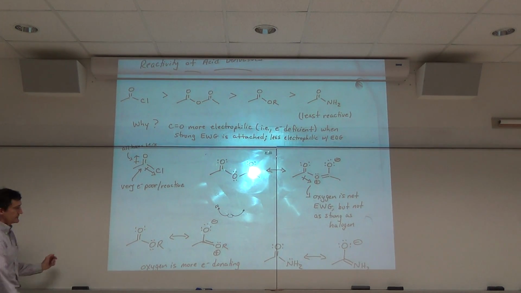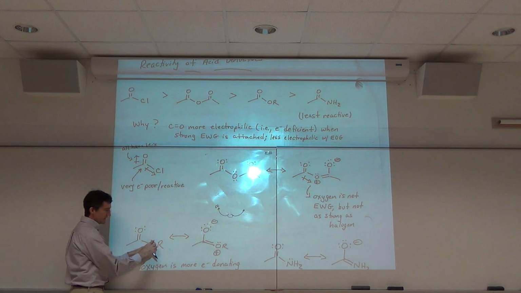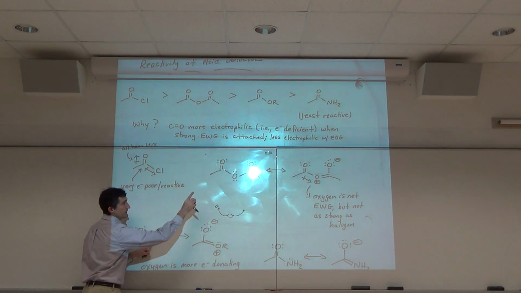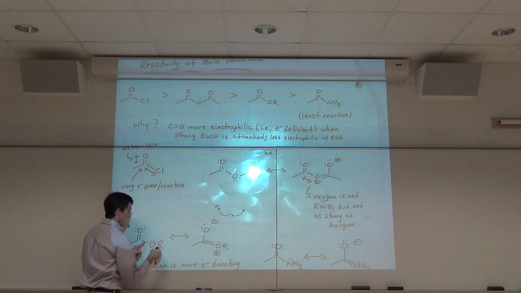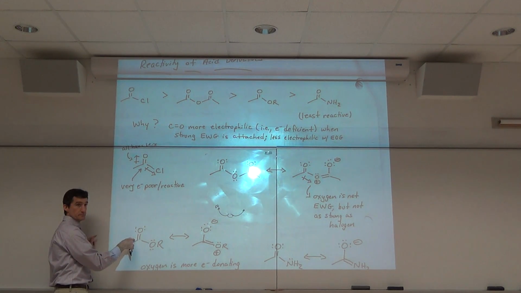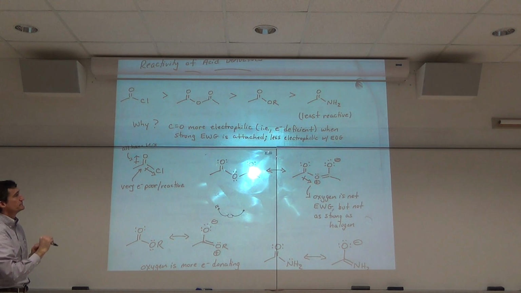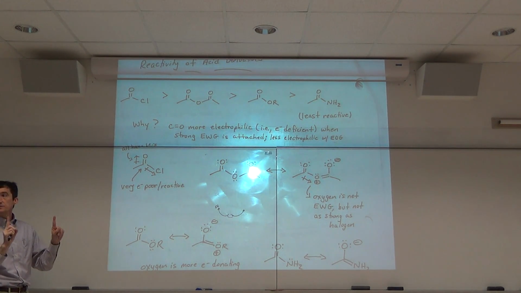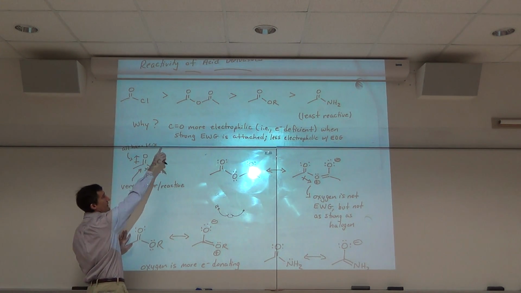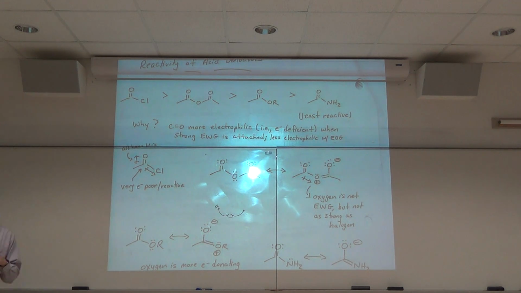But if you look at just OR, these electrons are not being pulled the other way like that, and so this can donate more. So that's why the ester is less reactive than the anhydride. Even though they're both oxygens, this oxygen is being pulled the other way some.